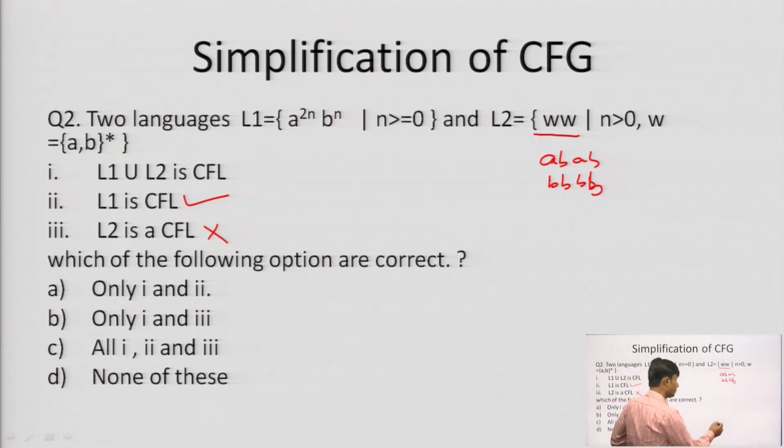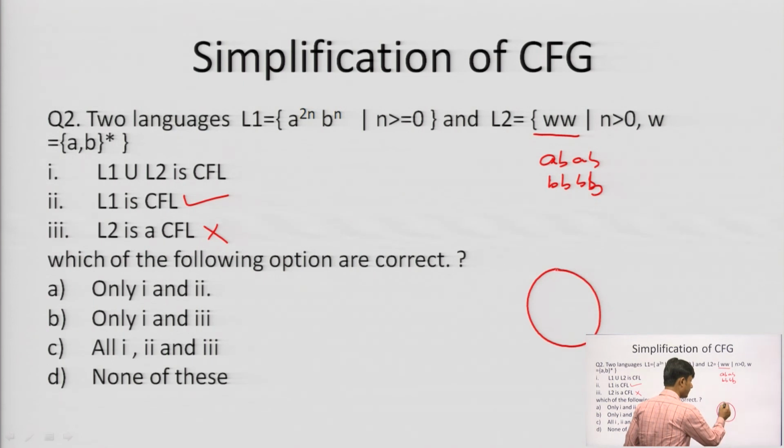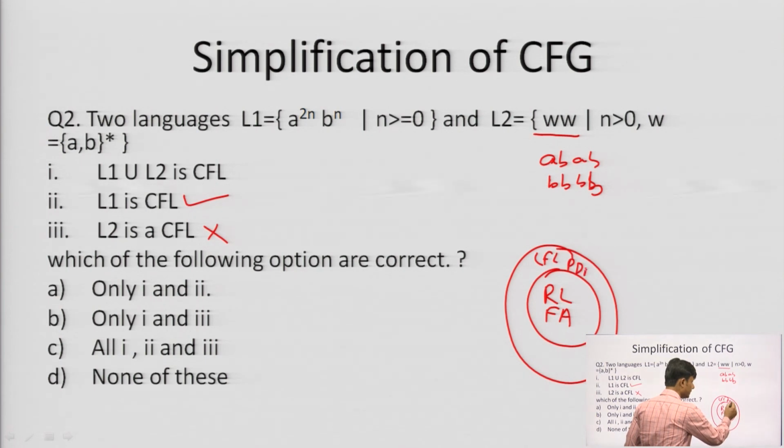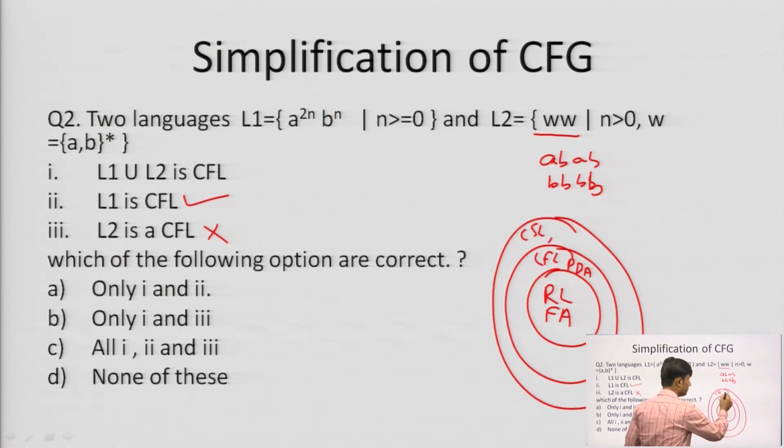We already know the Chomsky hierarchy diagram from the start. There is the regular language, for which we have finite automata, then the context free language, for which we have pushdown automata, then the context sensitive language, for which we have the Turing machine.